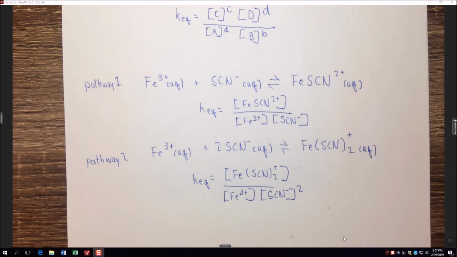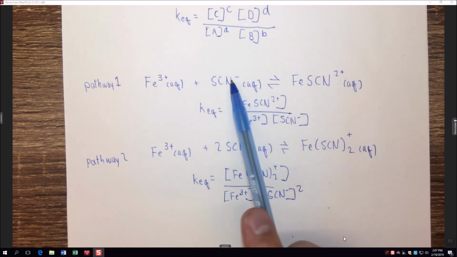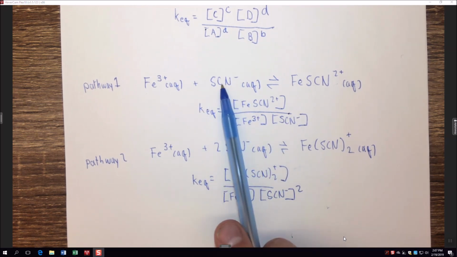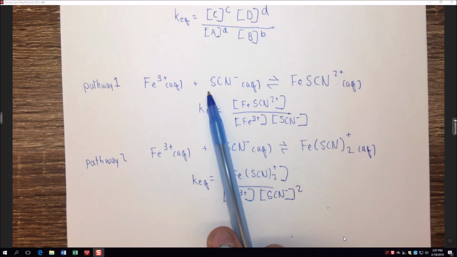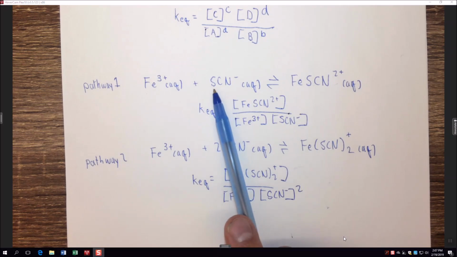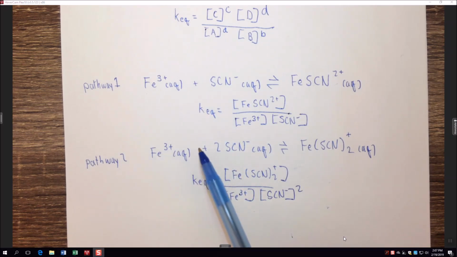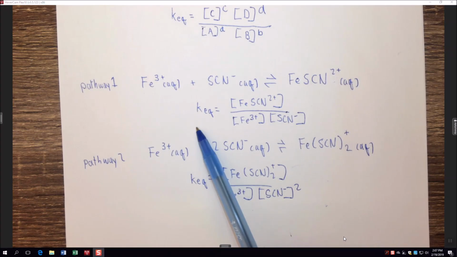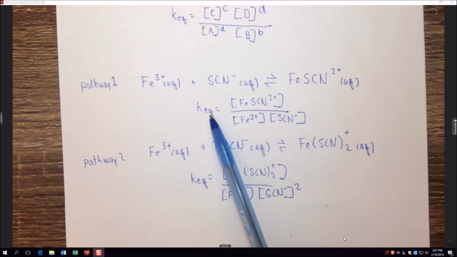Well, how we're going to do that is we're going to measure these reactions at several different SCN- concentrations. In fact, we're going to use 5 different SCN- concentrations. And when we use the 5 different SCN- concentrations, we can then calculate the equilibrium constant for 5 different trials.